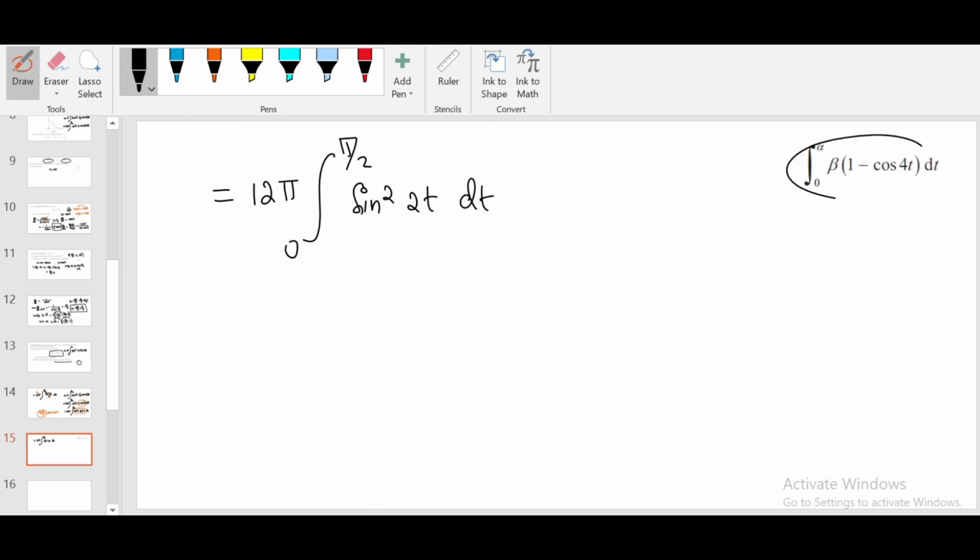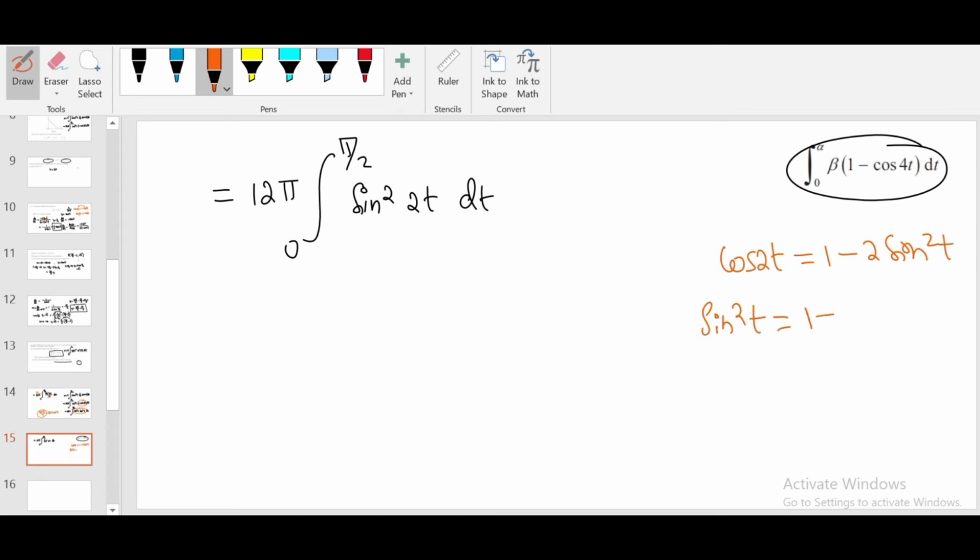But we need the answer in this form. So apply the identity again. We know cos 2t is 1 minus 2 sine square t. Rearrange, make sine square t as a subject. You will get 1 minus cos 2t divided by 2. But we need sine square 2t.